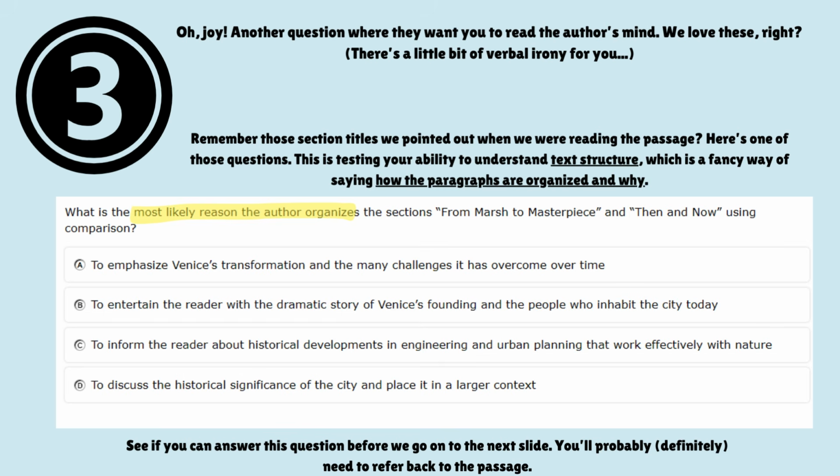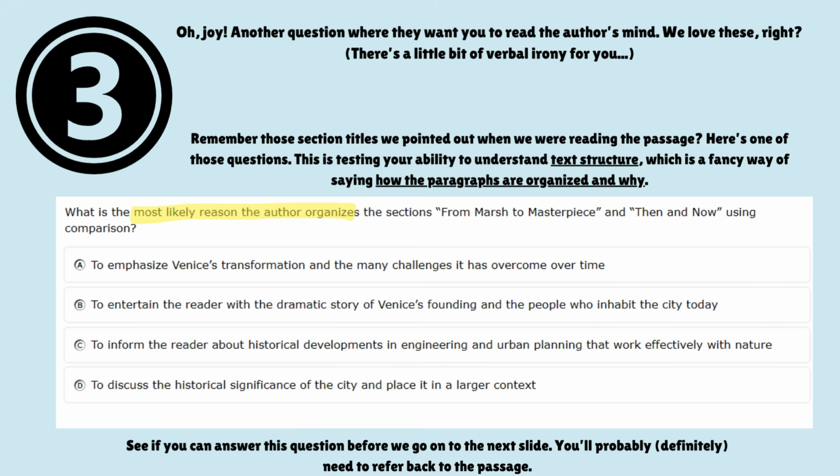Statistically, students score the lowest on questions involving author's purpose, because we are essentially being asked to read the author's mind, and all we have to go on to understand why the author made the decision that he or she did is the text. Okay, so now we have to put our skills in using text evidence to support our point to use. But that's hard. But we can do it, but it's hard.